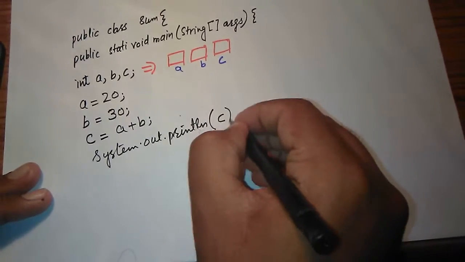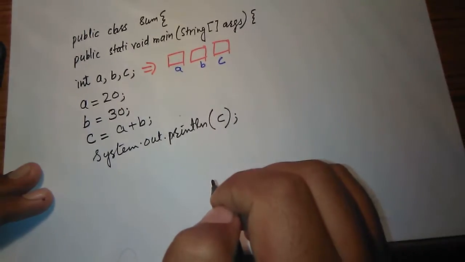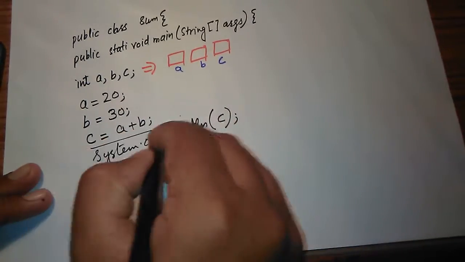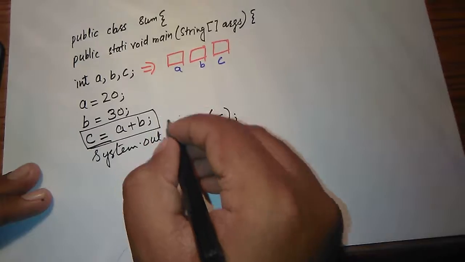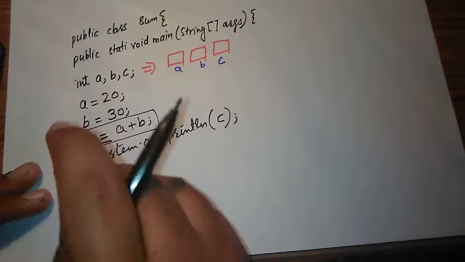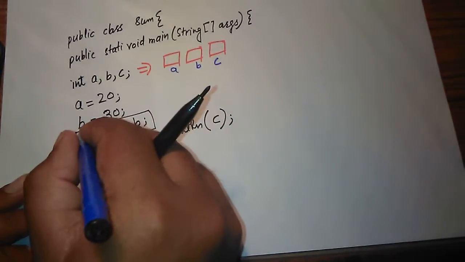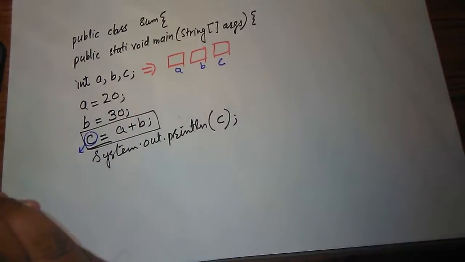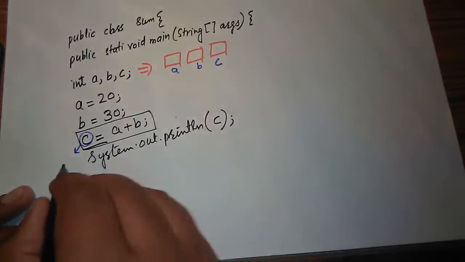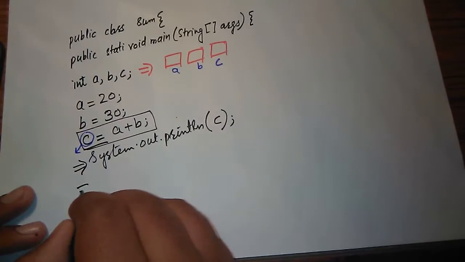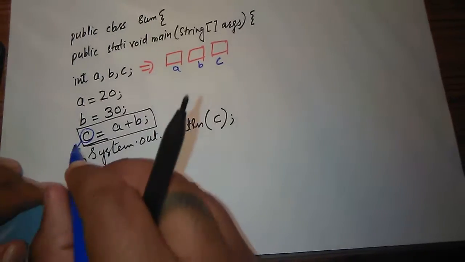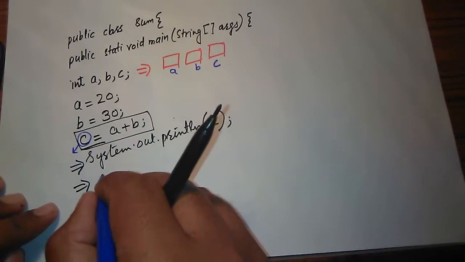I'm going to print only c. To avoid this statement, if I don't need the value of c further in my program, I can write a statement to replace it.